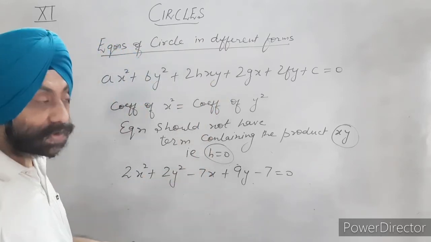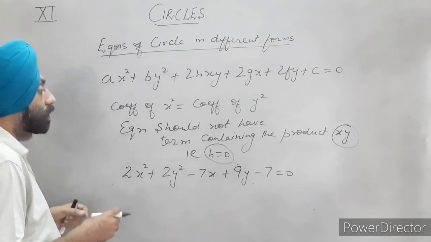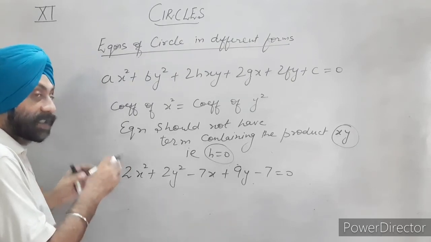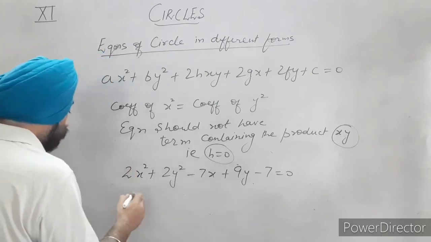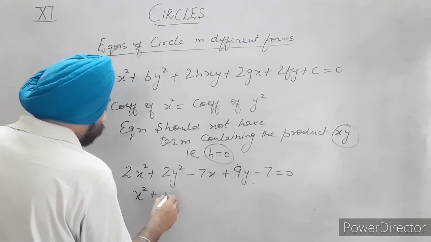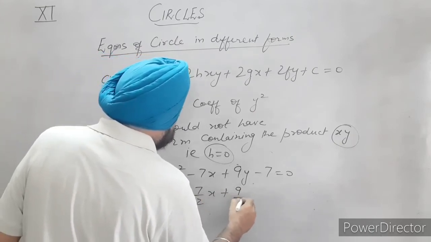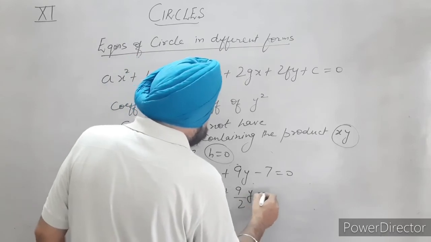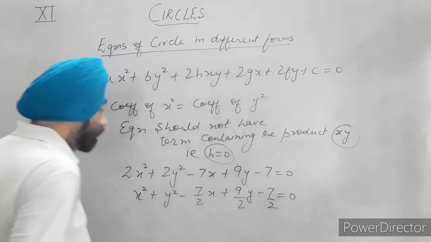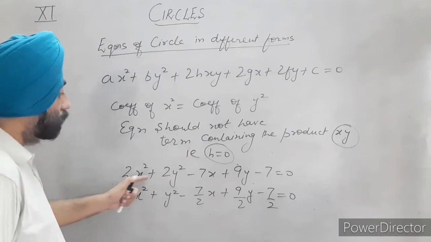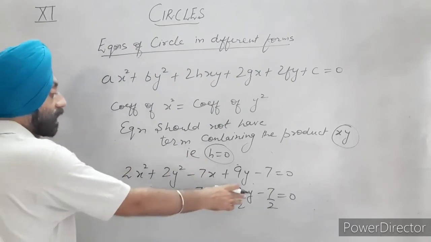Now if we want to calculate the radius and the center of this circle, the very first step is to make the coefficients of x square and y square unity, like this: x square plus y square minus 7 by 2 x plus 9 by 2 y minus 7 by 2 equals to 0. I have divided the equation throughout by 2 so that I get this.